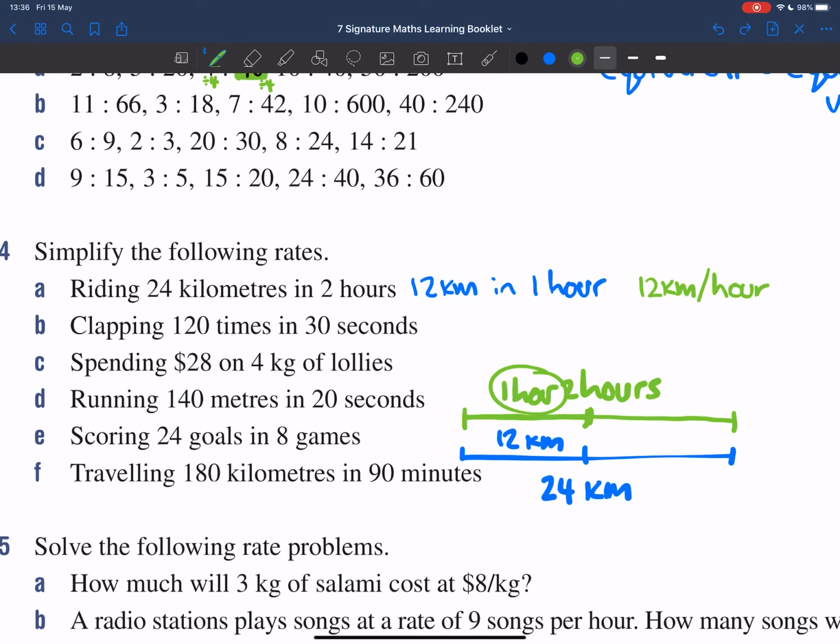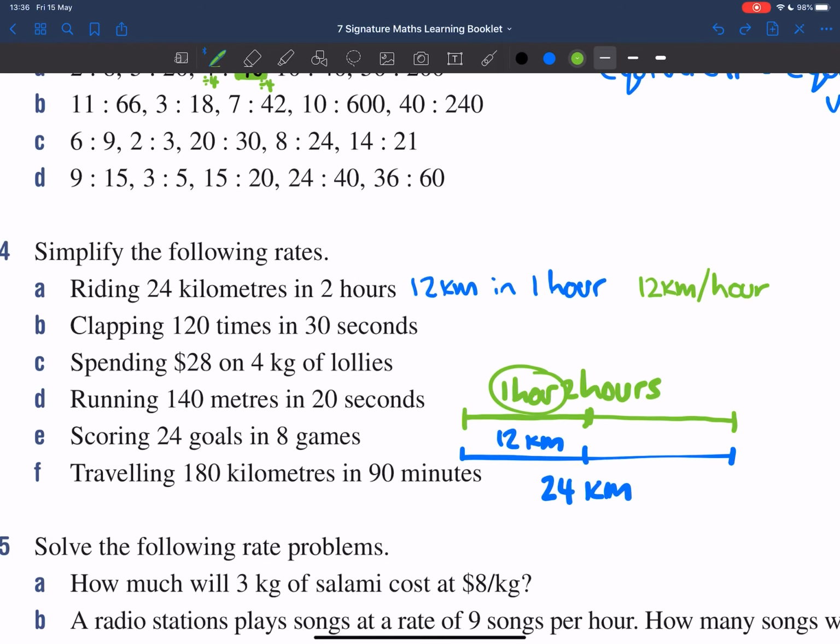All right, next one. Clapping 120 times in 30 seconds. So the shortcut method for this, instead of having to draw a picture, is basically I'm just trying to convert 30 into 1. How do I turn 30 into 1? Well, I simply divide 30 by itself.